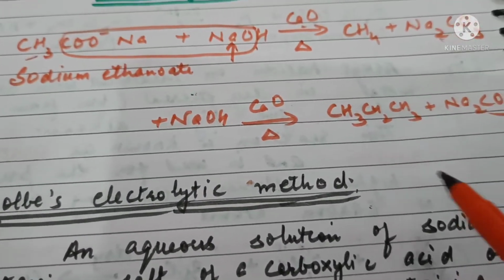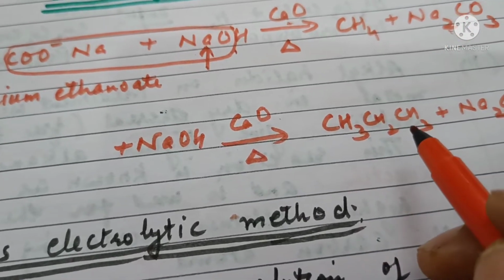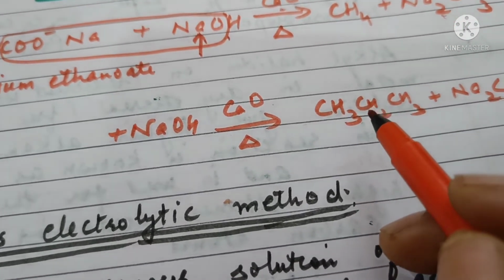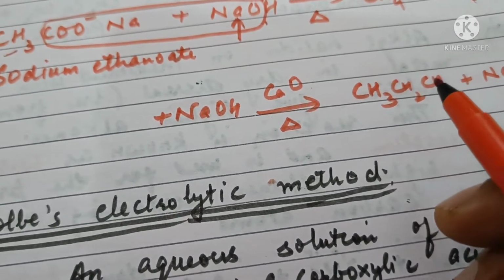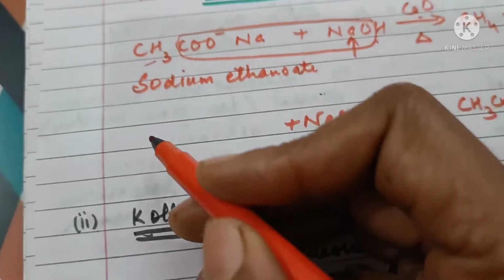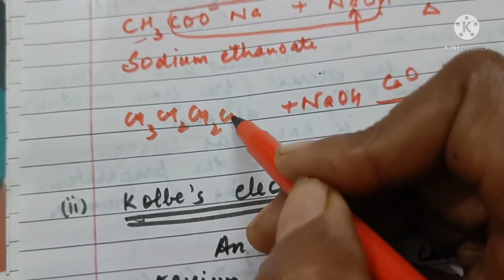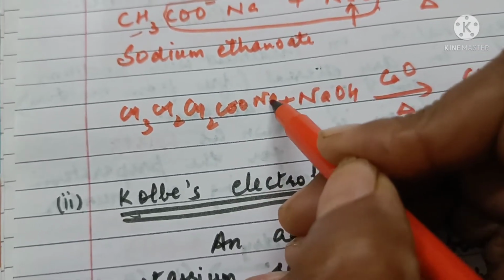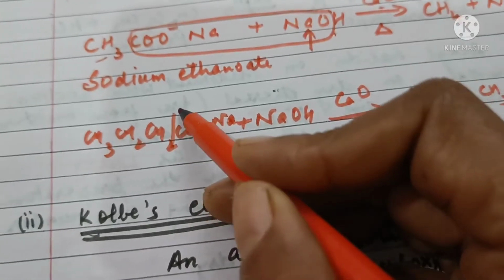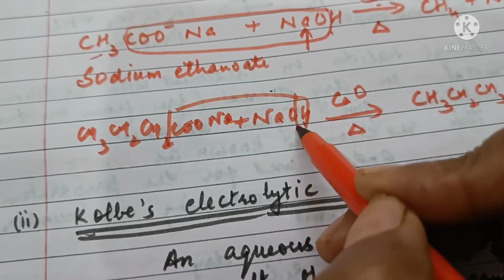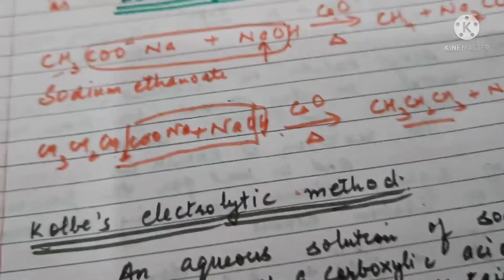So if we have to form propane, then we will take a sodium salt of an acid of 4 carbon atoms, because an alkane with 1 carbon less is prepared. So CH3CH2CH2COONa will combine with soda lime, and Na2CO3 will be formed, and this will combine with this to form propane.